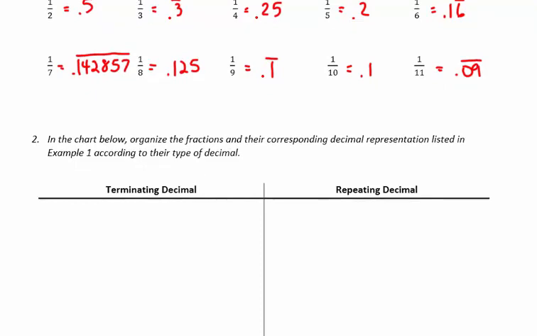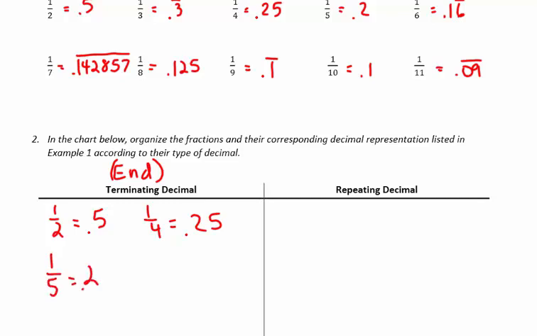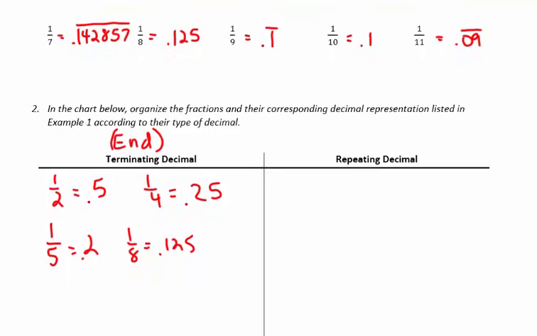So my terminating decimals, these ones end, like 1/2 and 1/4 and 1/5, 1/8, and 1/10 are all terminating decimals because the decimal ends, doesn't keep going.